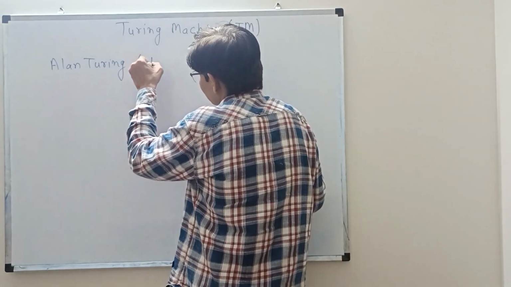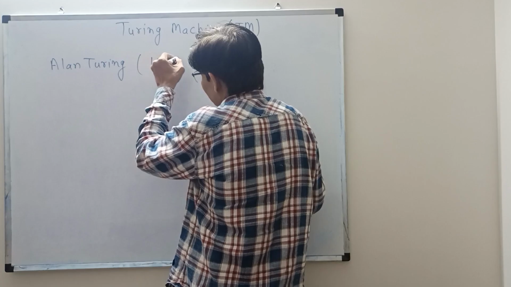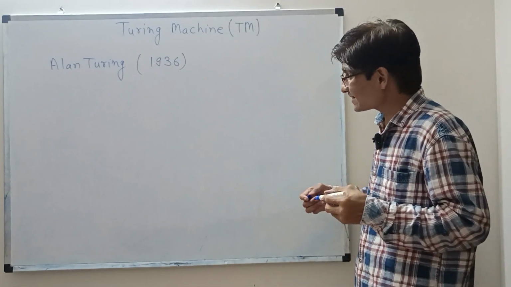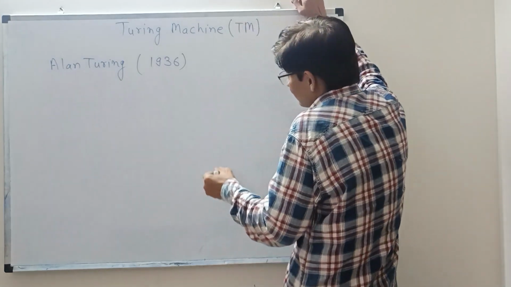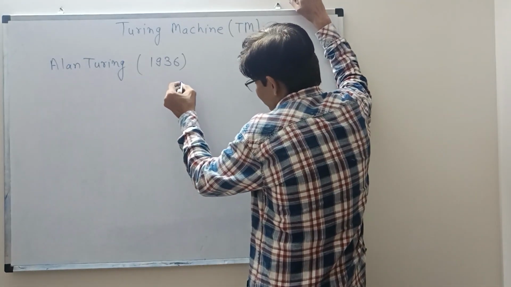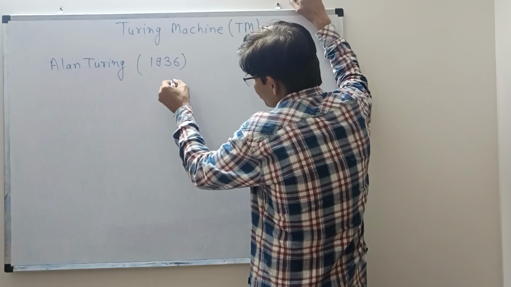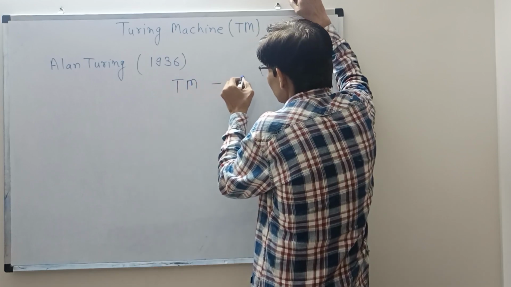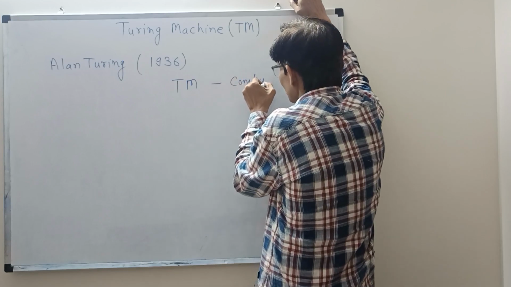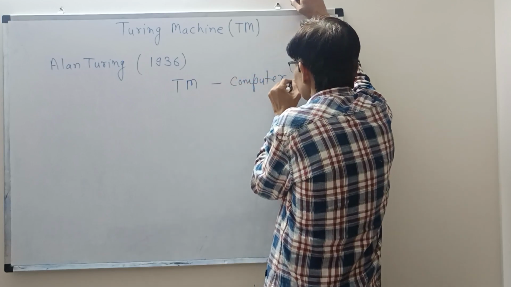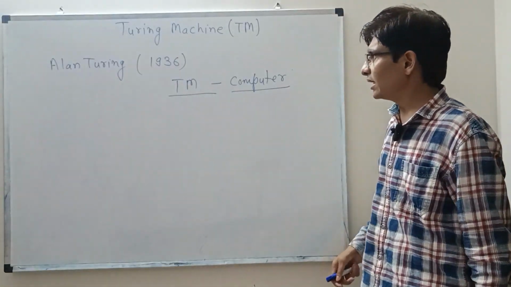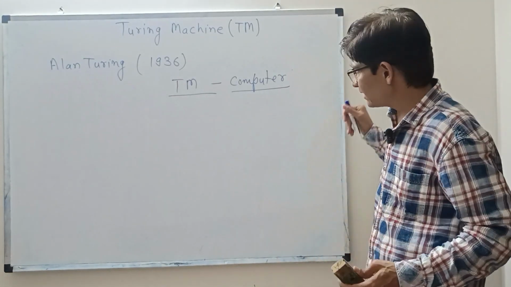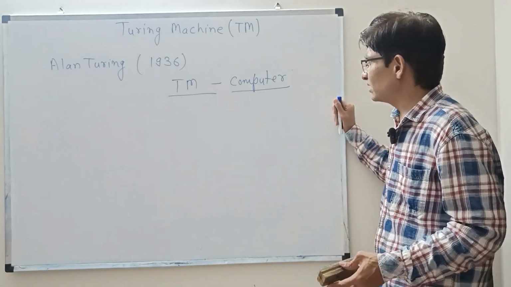It was given by Alan Turing in 1936, and it was considered as the first working computer. So Turing machine is almost equivalent to a computer. Whatever you can do with a computer, you can do with a Turing machine. So I will discuss first the working of Turing machine, and then we will discuss its formal definition.